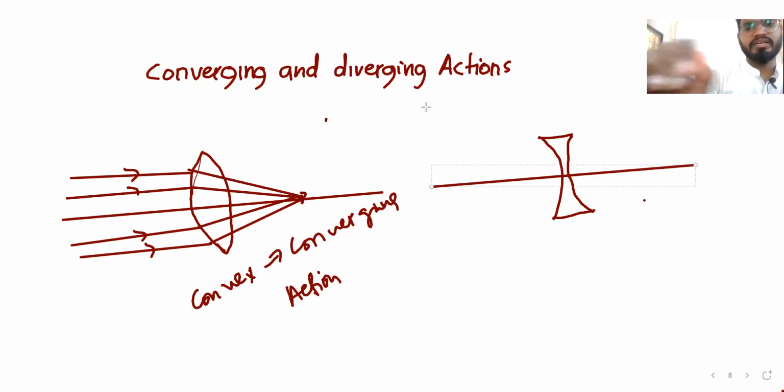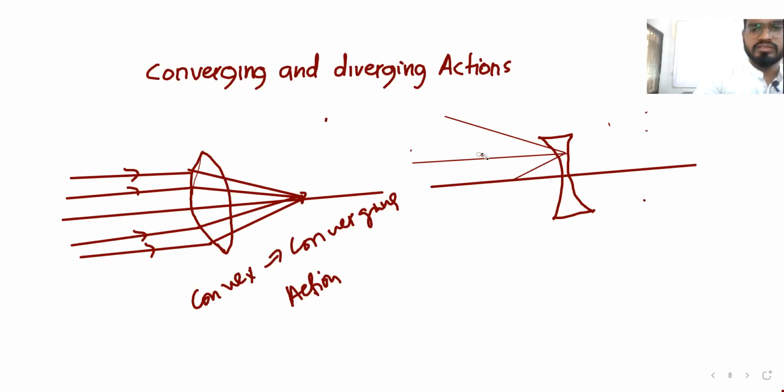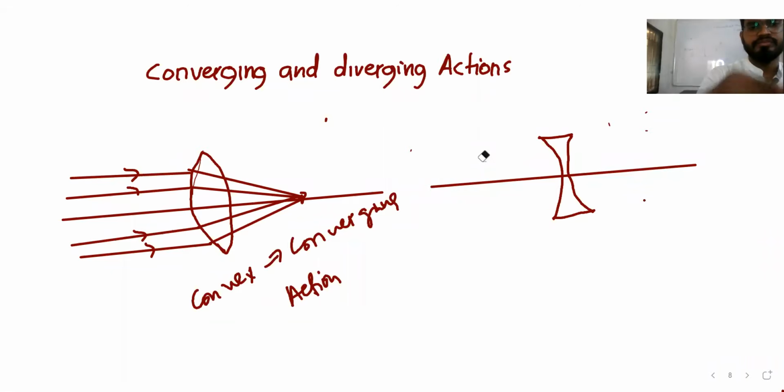Now if you see this lens, a ray of light parallel to the principal axis will pass through the focus. But here the problem is, actually I didn't draw it properly. Let's draw it again. Let's change the color first.